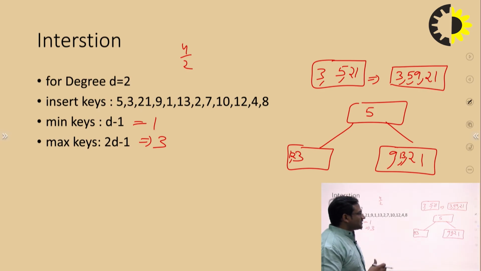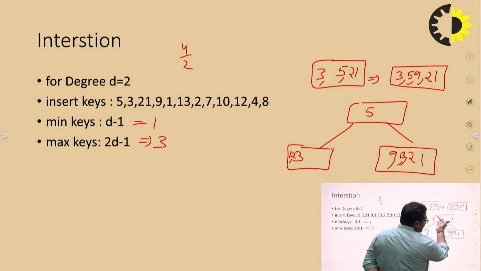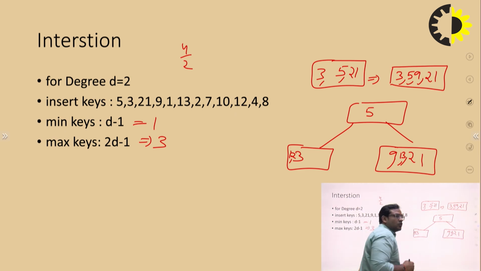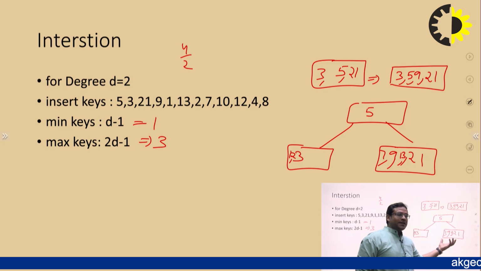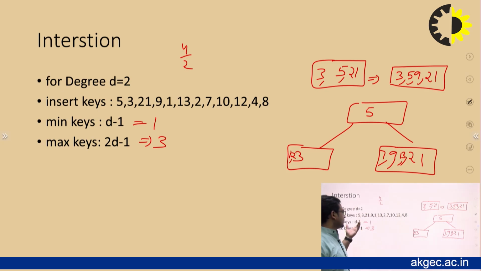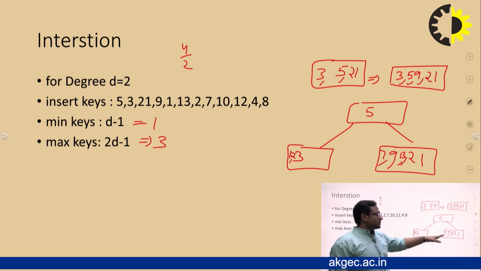When 7 occurs, it is greater than 5, so it should go to the right-hand side. But this node now has more than the maximum number of keys. The maximum should be 3, but here there are 4.